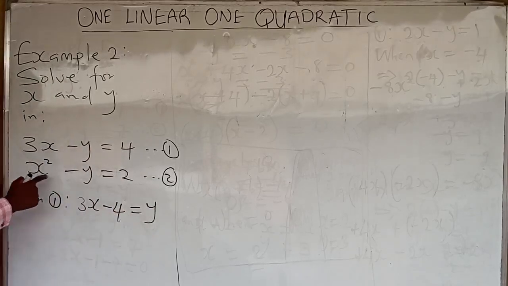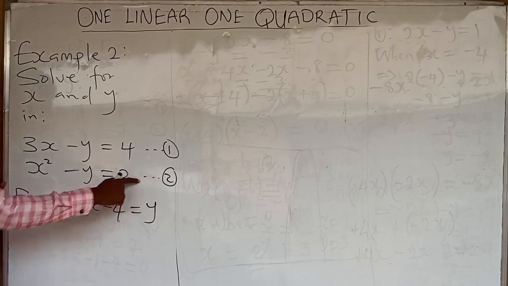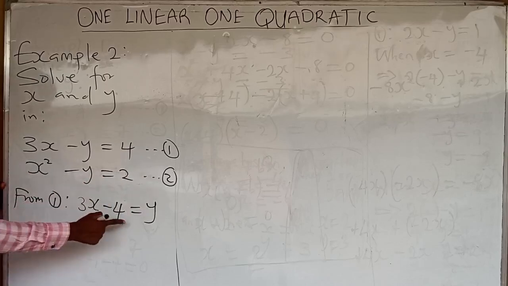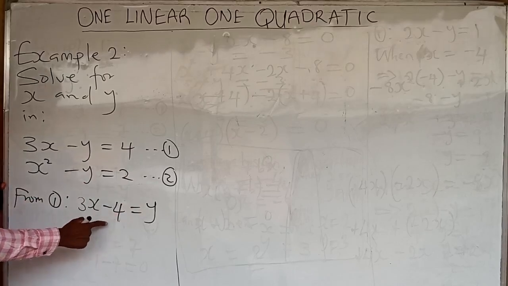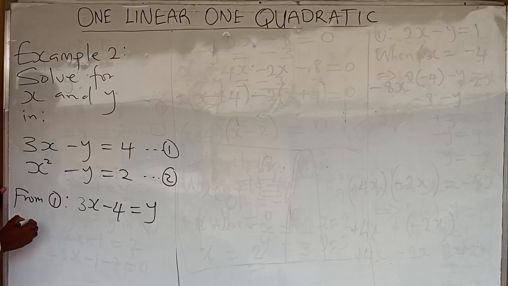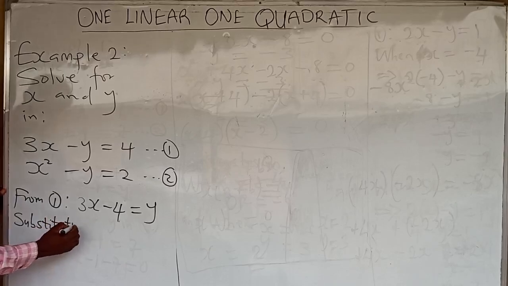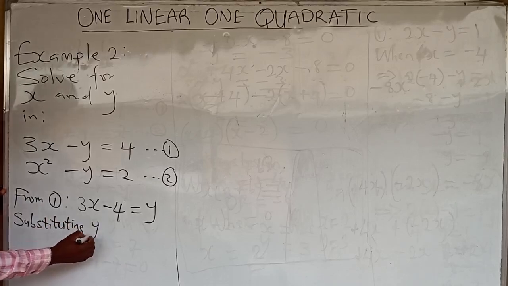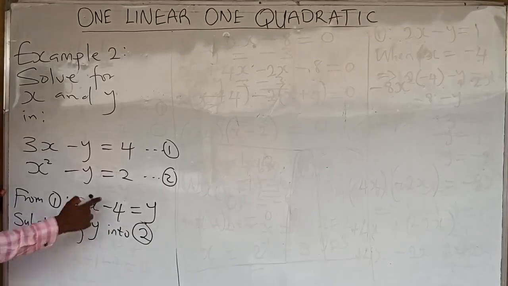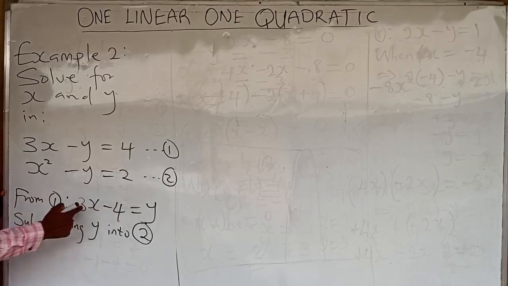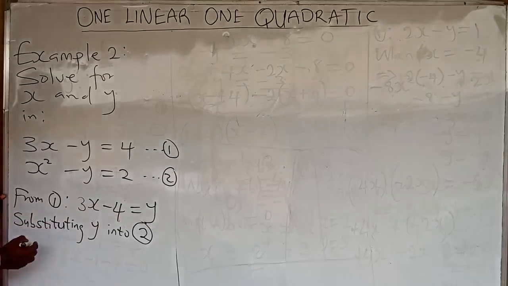So that means anywhere I see y in equation 2, I'm going to replace it with 3x minus 4. So this becomes substituting y into equation 2.